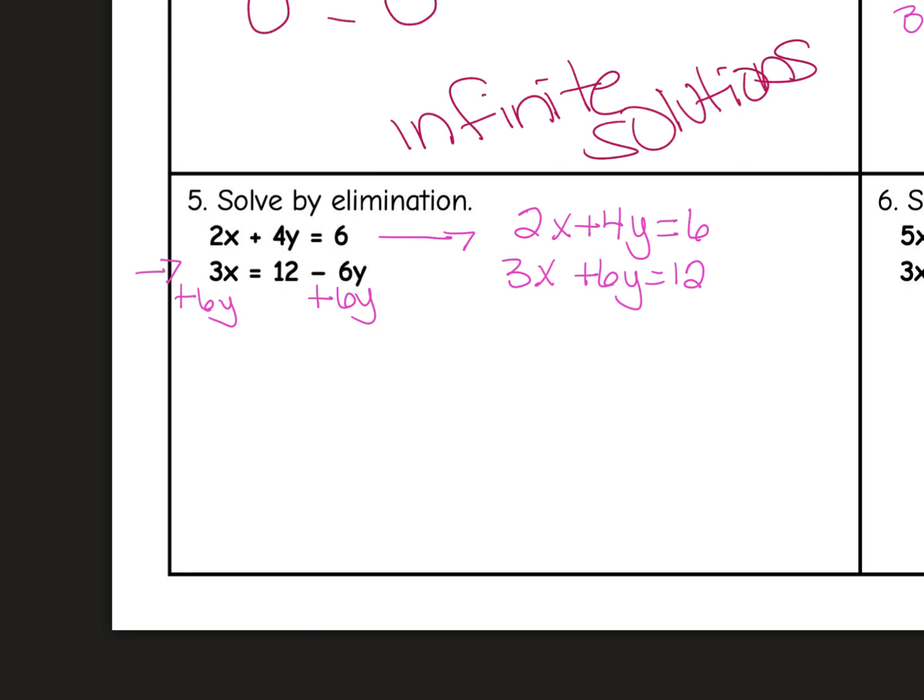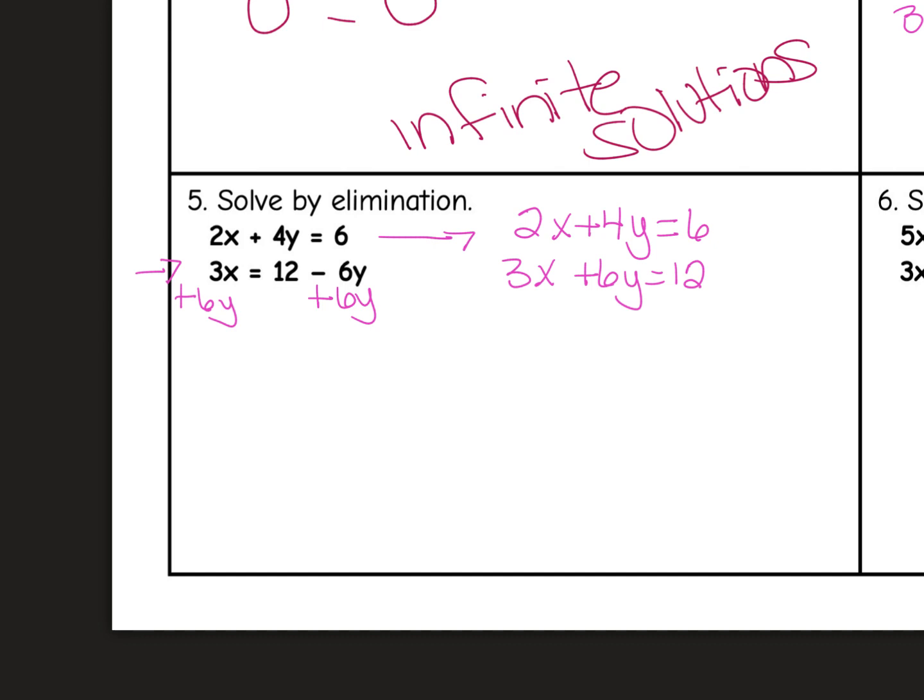And I can easily look and decide, well, how am I going to manipulate this equation next in order to solve with the elimination method? So remember, our goal here is to create same coefficients with opposite signs. So looking at both of these equations, I think I'm going to have to multiply both of the equations by something, because looking at 2 and 3, there's nothing I can multiply 2 by to get it even close to 3.